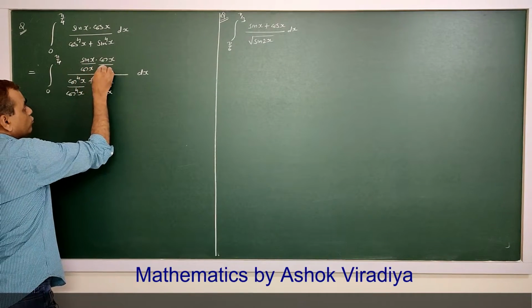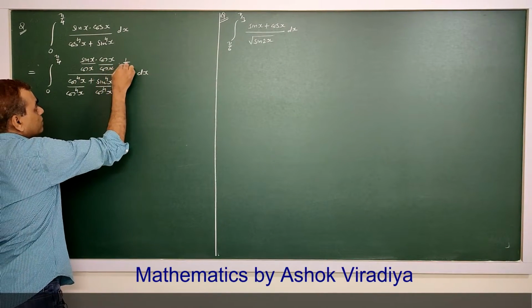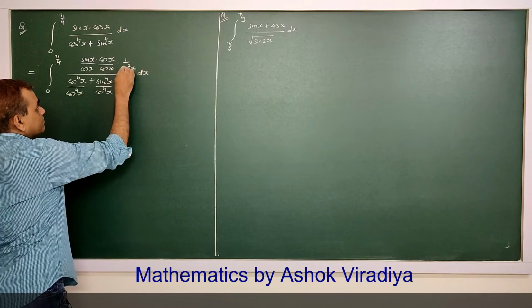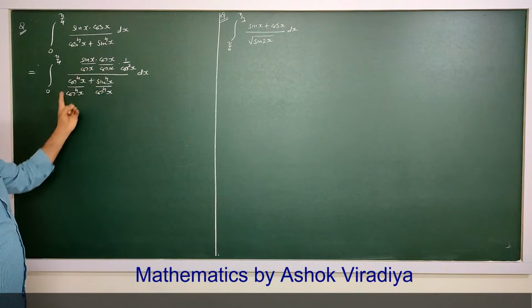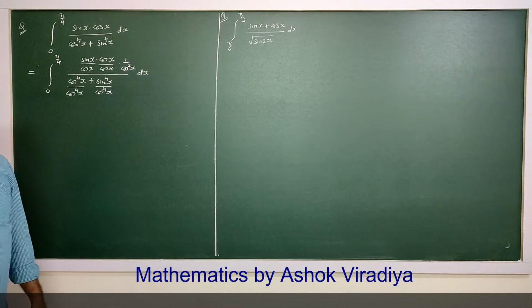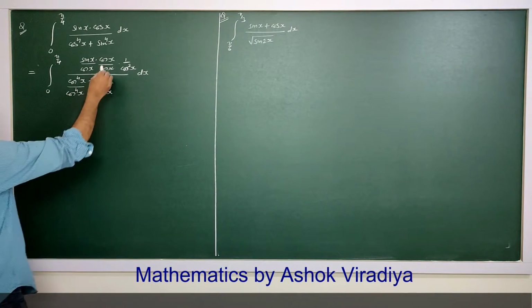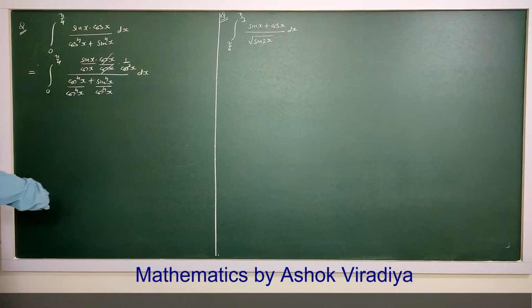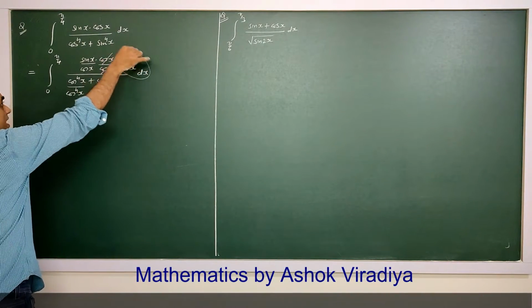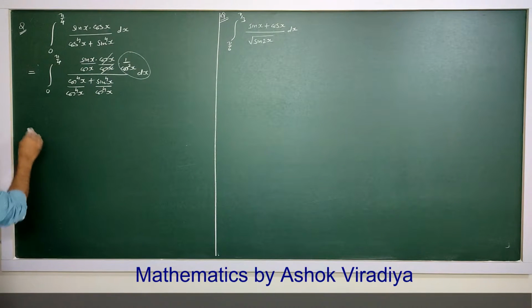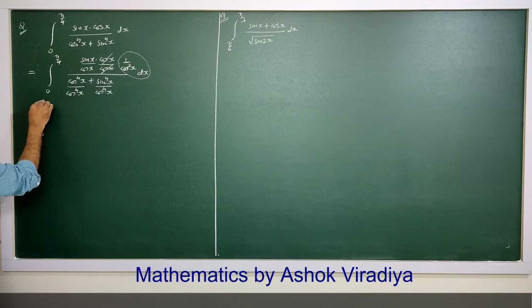Cos x into 1 by cos square x, divided by cos raised to 4x. So from the numerator, this is cancelled. This becomes sec square x dx, 0 to pi by 4.